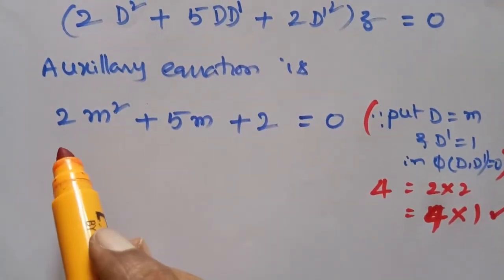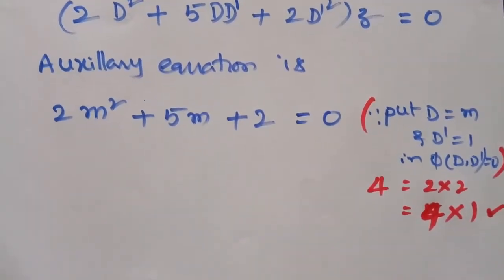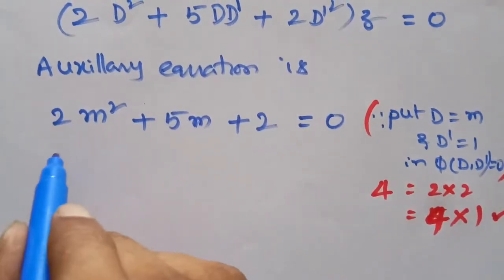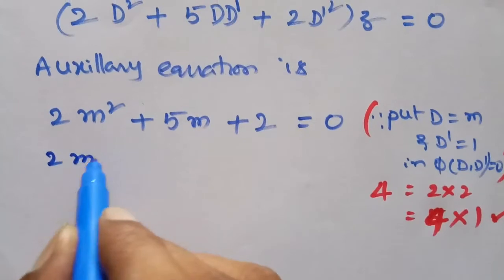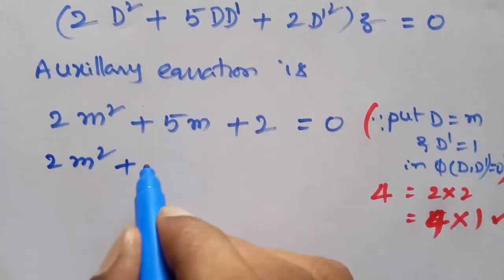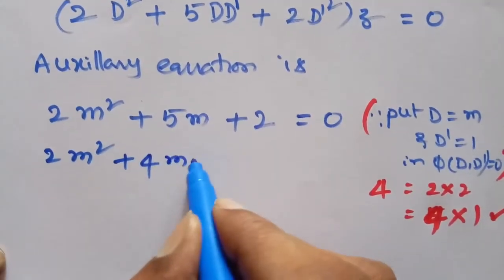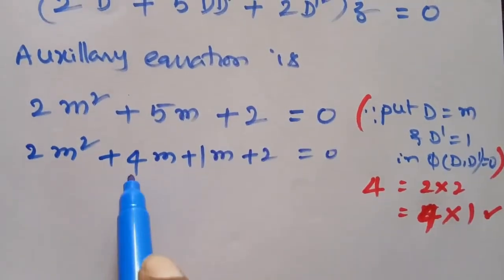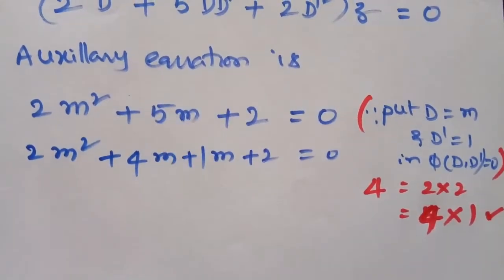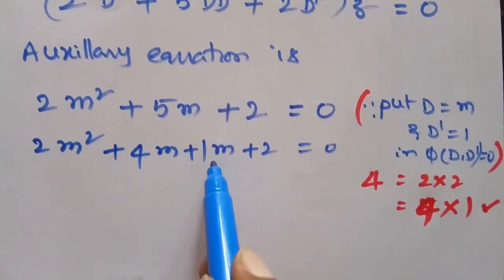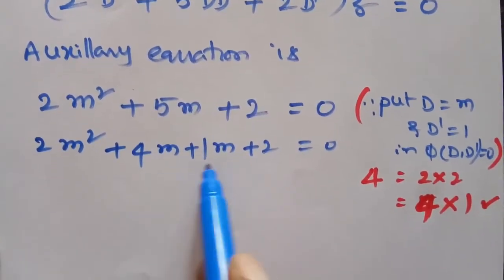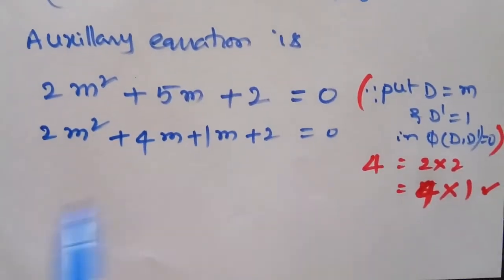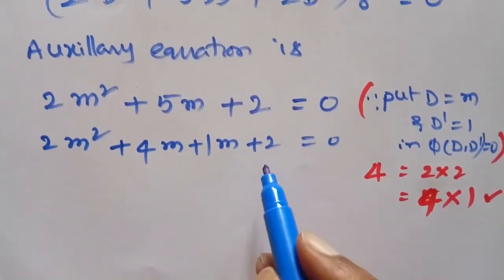Therefore, it can be written as 2m² + 4m + 1m + 2 = 0. See, 4m plus 1m is 5m, and the product of 4m into 1m is equal to 4m². So in this case, we can easily factorize.